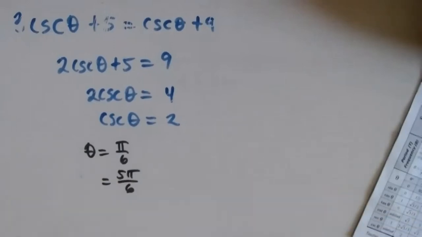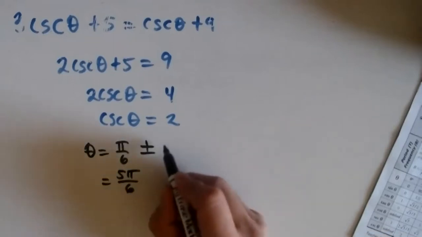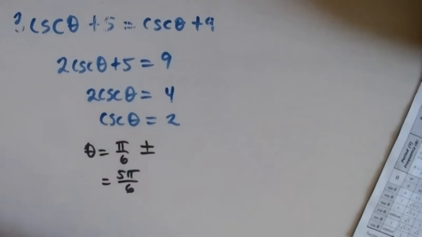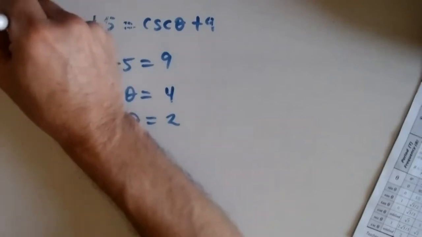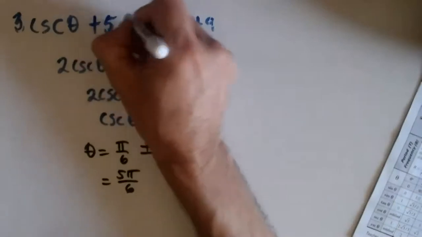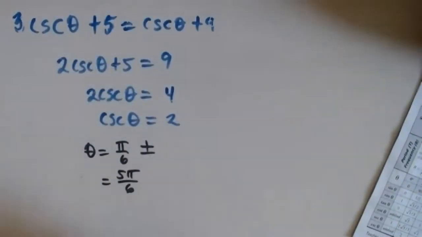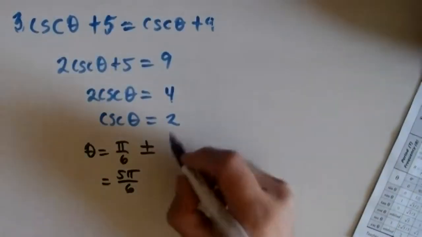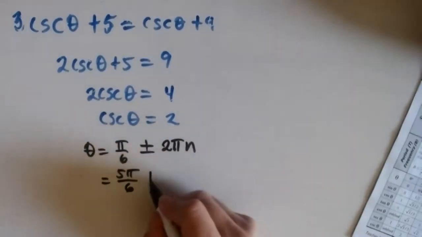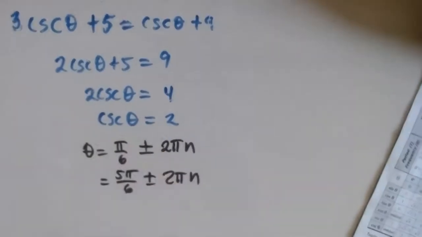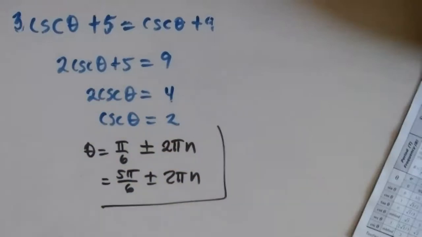That's what my unit circle says. Then what I have to do, just know that the cosecant repeats every 2 pi, so it is plus or minus 2 pi n. Here are my solutions, okay?